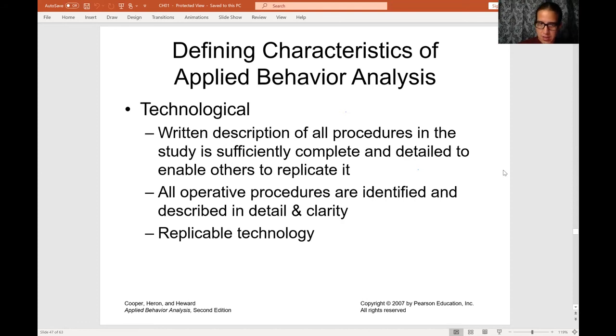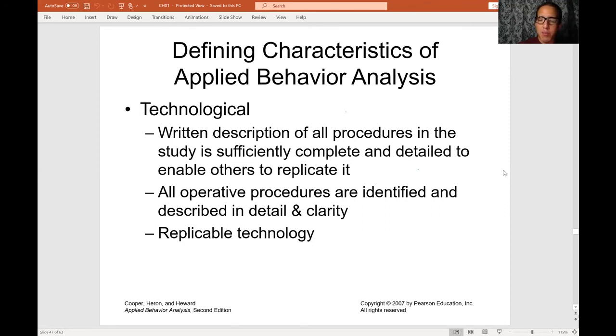But if he has a written description of the procedures, or a sufficiently complete and detailed procedure that he can perhaps write or explain and walk me through, then he has developed this technology, right?